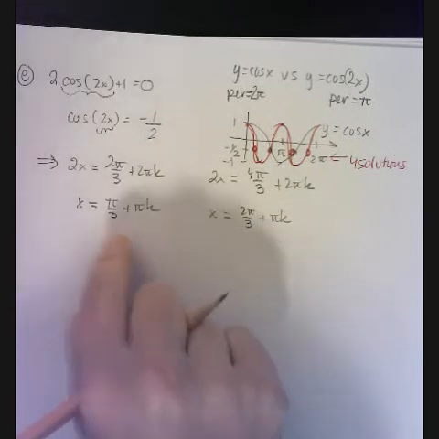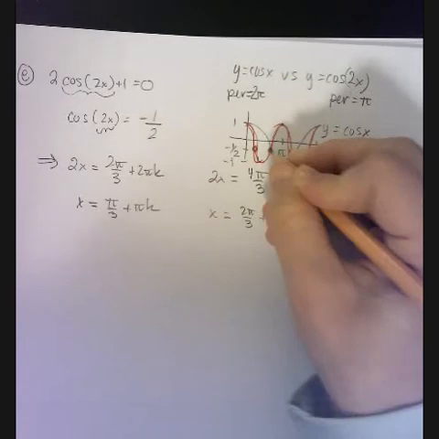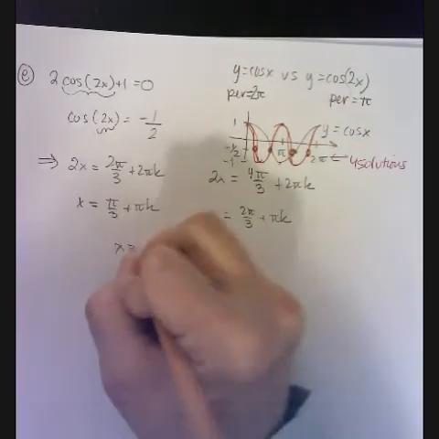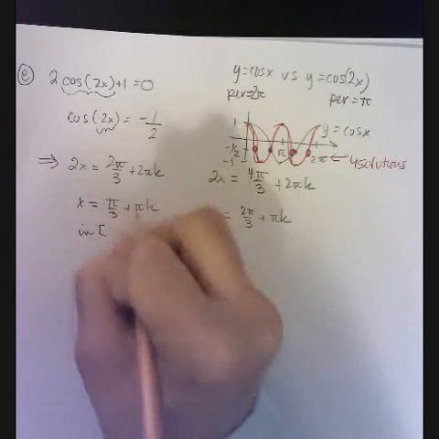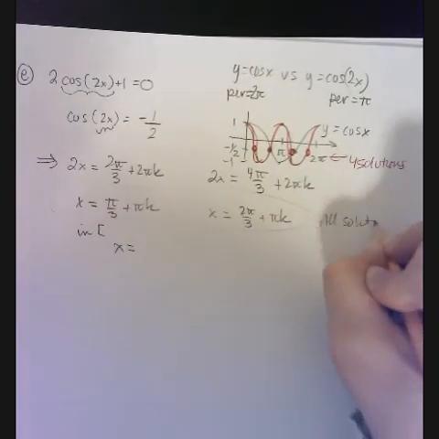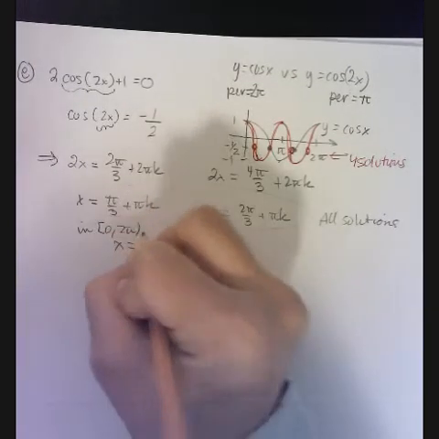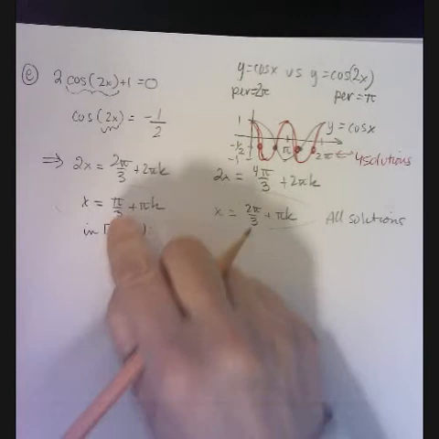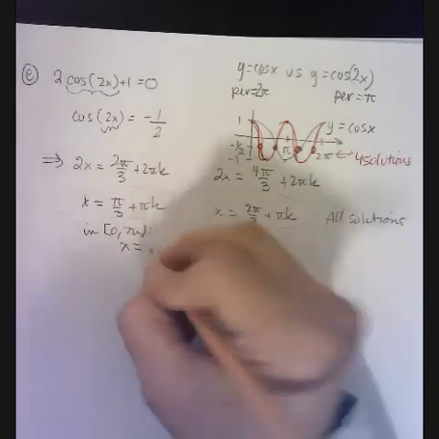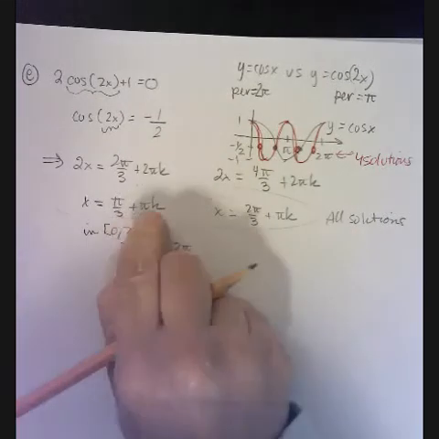So notice this is my pi over 3, that's that one, red dot, my 2 pi over 3. So now this is all solutions, right? All solutions. But in 0 to 2 pi, which 4 do I want? Well, pi over 3, 2 pi over 3, and then add pi to this.